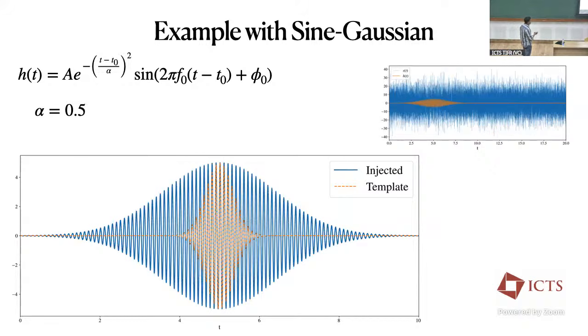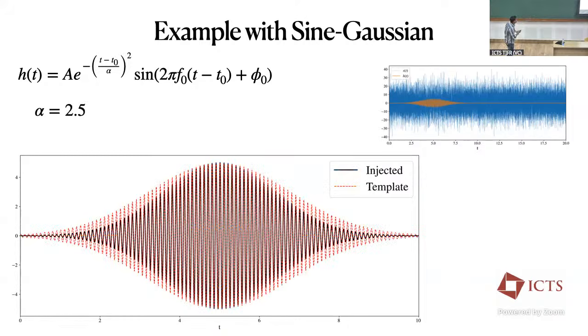So what you are doing essentially when you calculate that frequency integral is multiplying this template along with noise. There was some injected signal with alpha equal to 2. This is the blue one, right? For alpha equal to 0.5, we are doing this multiplication. And for alpha equal to 2.5, we're doing this.